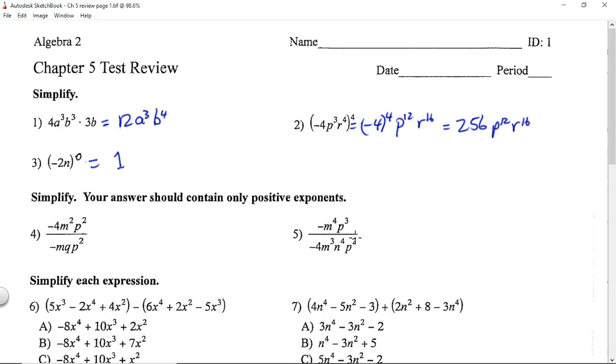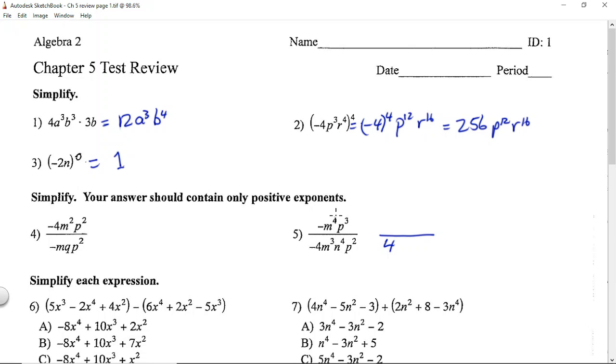Numbers, well, all there is that 4 in the denominator, and that stays in the denominator. Okay, now let's look at those variables. If there was something in the numerator, let's say 12, we would take the 12 divided by the 4, right? And then we would have 3, and that would be in the numerator. But there's nothing else, so we just put down the 4.